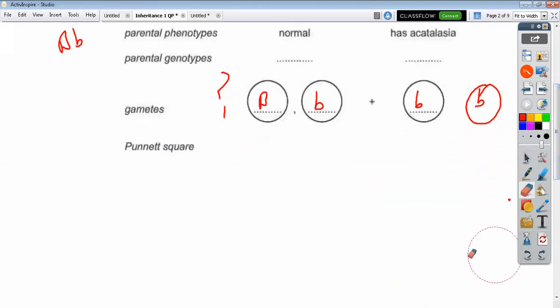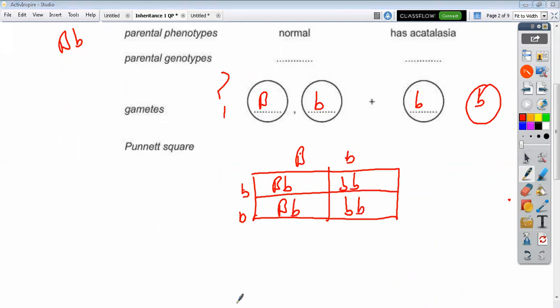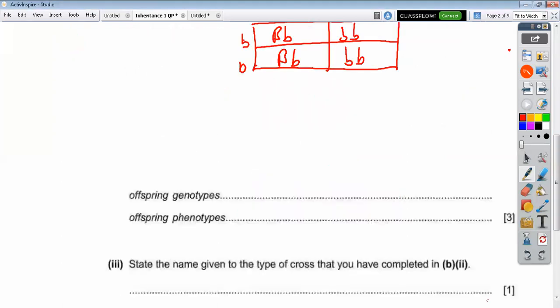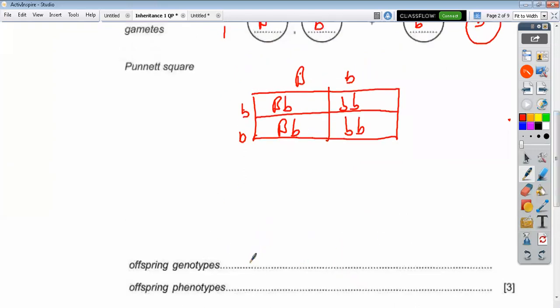And now they've said Punnett square. So B with that capital letter B, small letter b. Clear? Is that clear? So they're saying offspring genotypes. What are the genotypes here that we are producing?